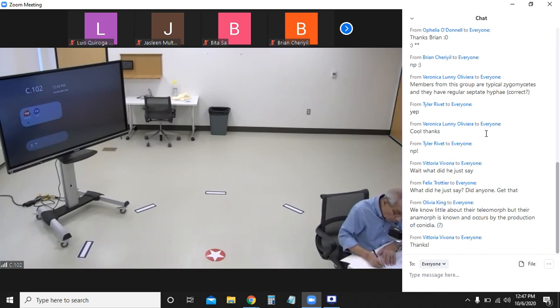And this is basically called arbuscular mycorrhizae. In other words, it also means endomycorrhizae.